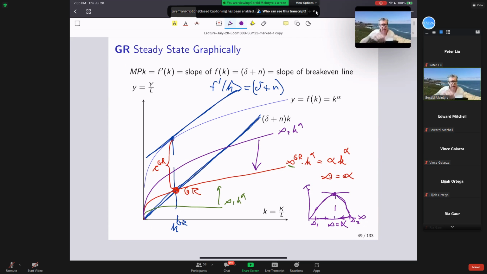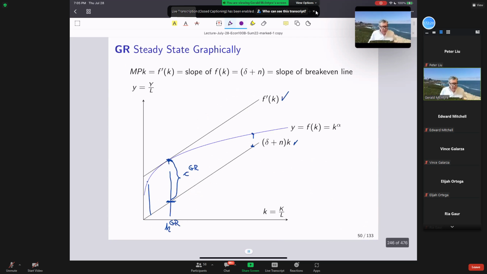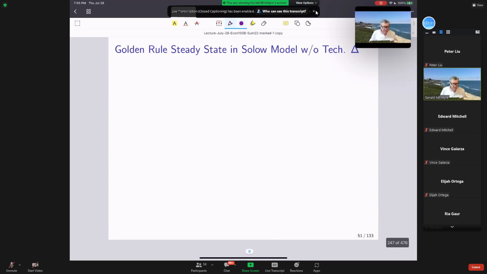Let's take a look at that. So I want to move to the golden rule steady state in the Solow model without technological progress. Suppose we start with a capital stock per worker at some steady state. Small k star is above the golden rule steady state. That means we're going to come at the golden rule from above and come down to it. And that must mean the savings rate at the moment is too high.